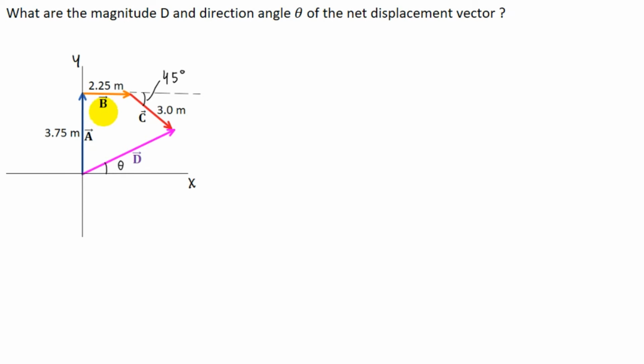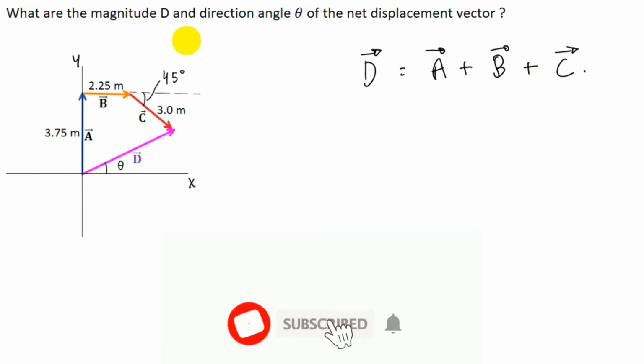Now here we have these three vectors, vector A, vector B and vector C, and the vector D represents the sum of these three vectors. That is, D vector is vector A plus vector B plus vector C. Now we need to find the magnitude of the D vector and its direction theta.